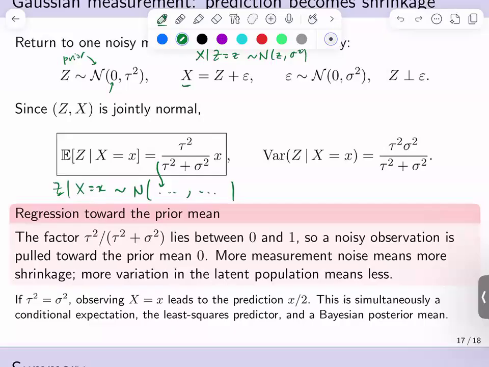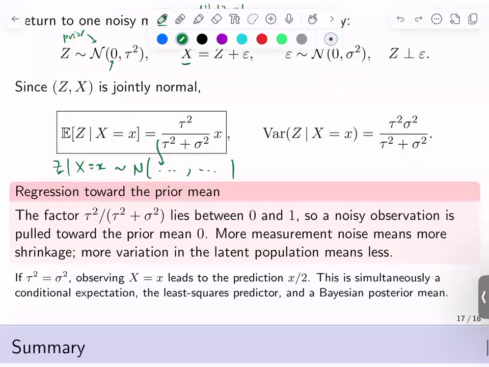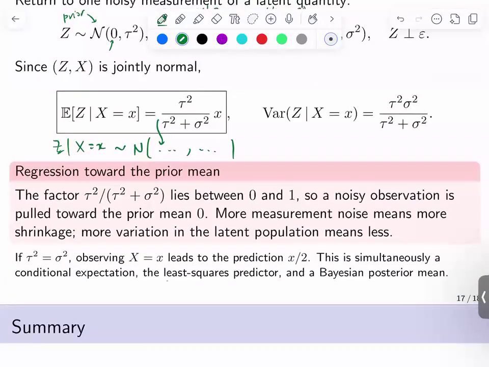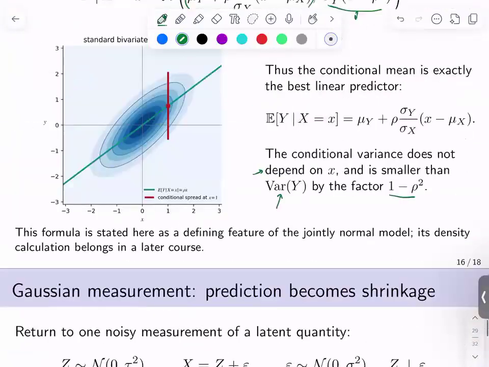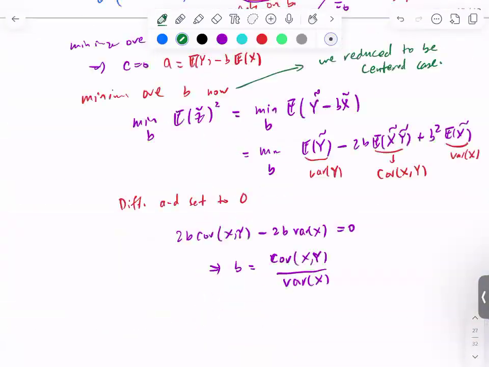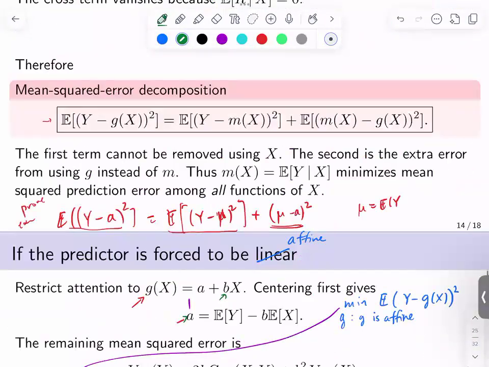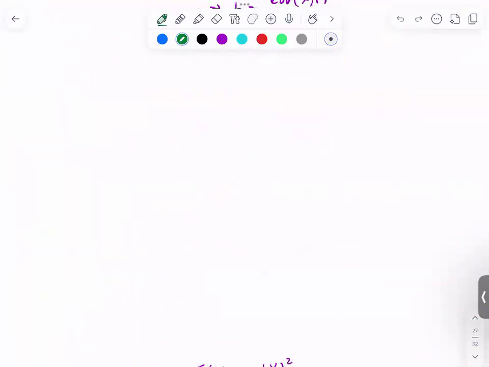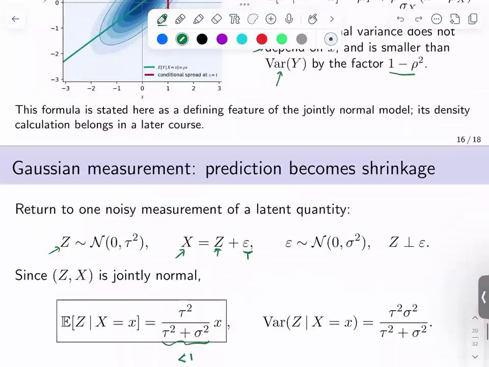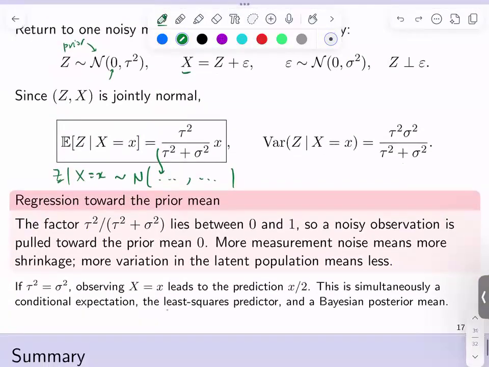In this case, this mean is going to be the best predictor in the MSE sense, the least squares sense, where we're minimizing the square of the error. So the best linear least squares estimator, the best general least squares estimator, is also the conditional expectation. Okay, sounds good.